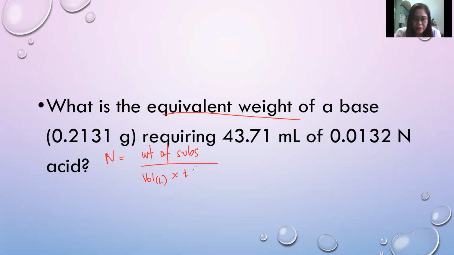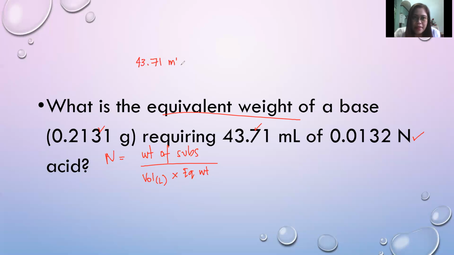And then we have here the equivalent weight. So take note, class, that normality is given, the weight of the substance is also given, and the volume is also given. So it is actually direct to compute the equivalent weight, except for the part where we will convert the volume into liters.